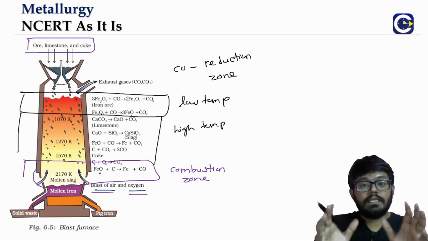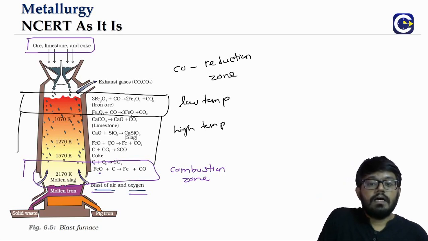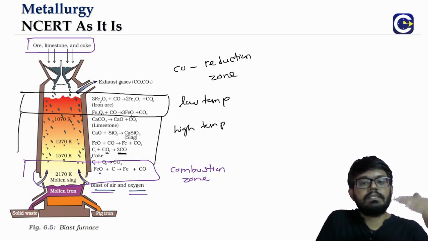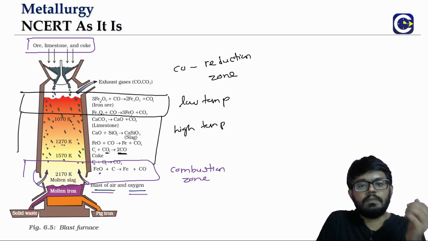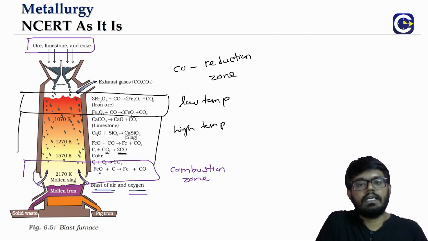In this high temperature middle zone, some of the carbon dioxide will react with the coke and give us carbon monoxide. This will be an endothermic reaction. So you can see the temperature gets reduced because it is endothermic, and thereby we are getting the carbon monoxide. The carbon monoxide will start rising up. So the gases that are rising up now are CO and CO2. And in the low temperature zone, that CO is what acts as a reducing agent.